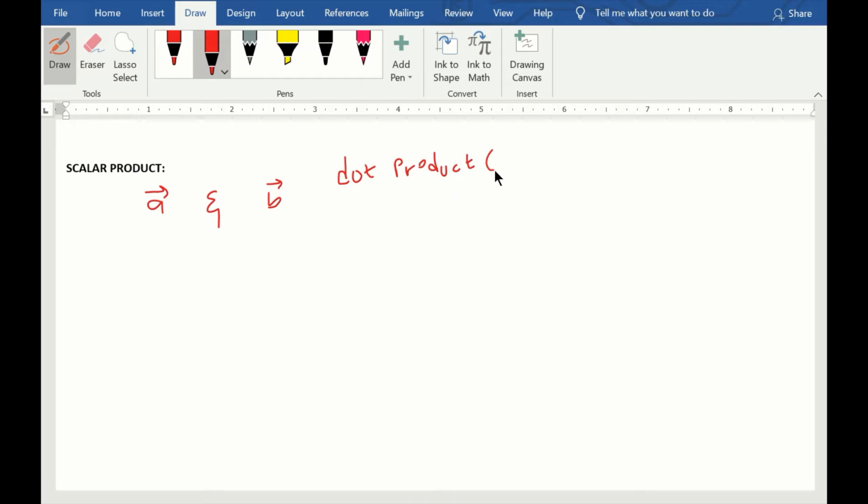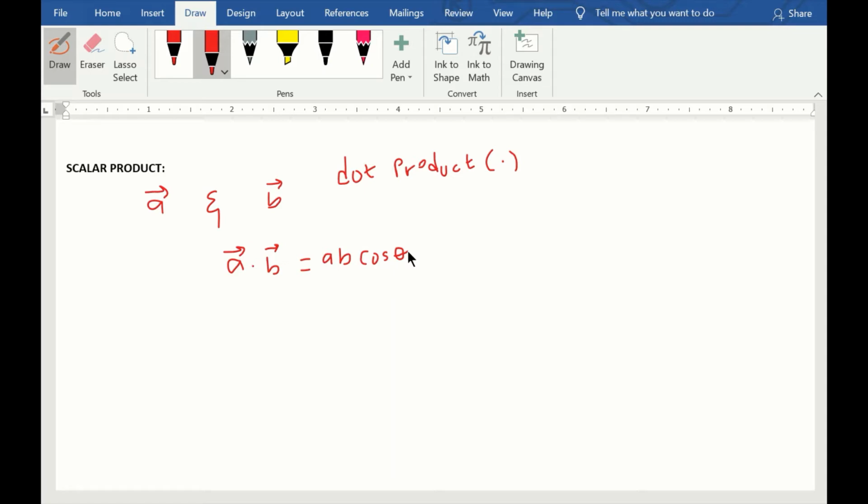So we use a dot to represent scalar product. If I'm to find the dot product, or the scalar product, of vector A and vector B, so vector A dot vector B, the formula we use is A times B cos theta.